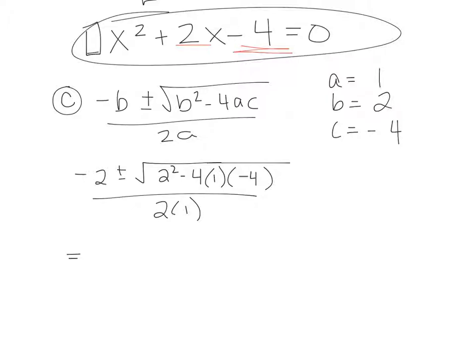We'll simplify the expression underneath the square root. So first we'll do 2 squared, which is 4. And then 4 times 1 times -4 is -16. So I have 4 minus -16. And that's all over 2 times 1, which is 2.